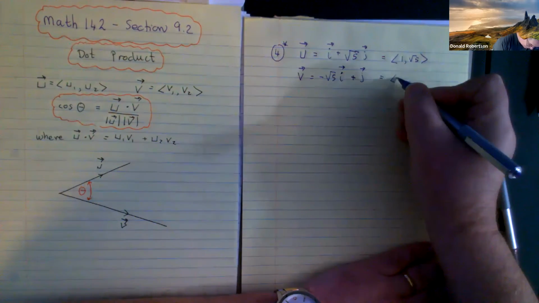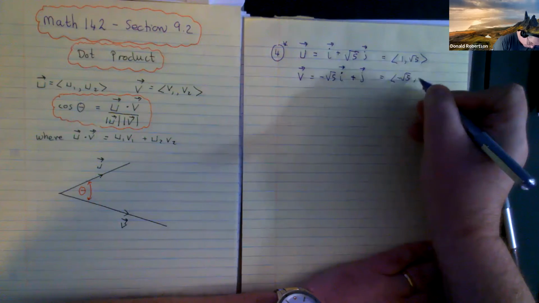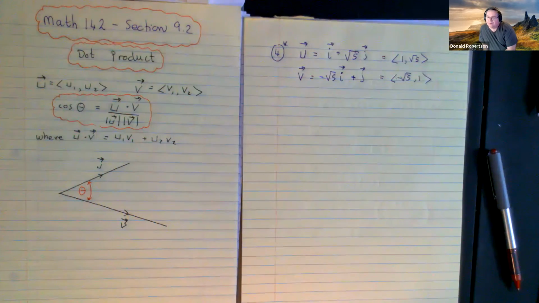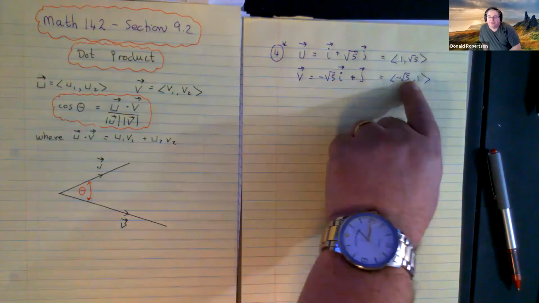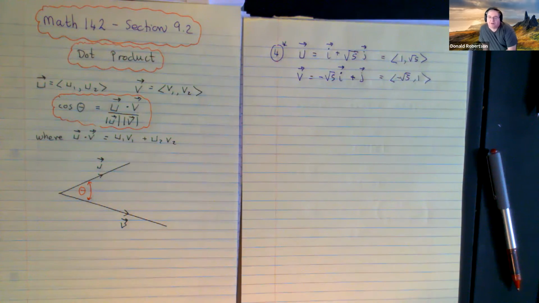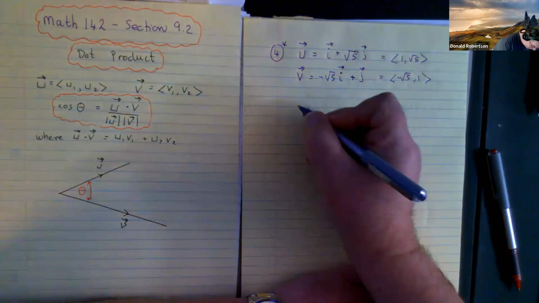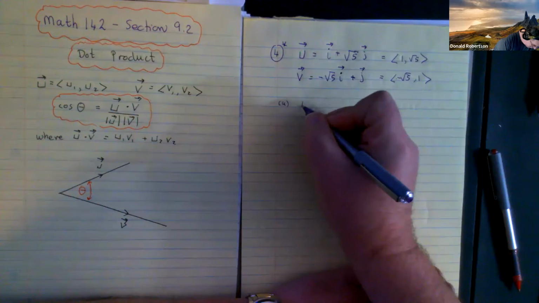And negative √5, 1. Are you comfortable with the transfer? Even if the question is written using i, j notation, I personally prefer component form, these guys. Well, let's find question A, which says find the dot product.